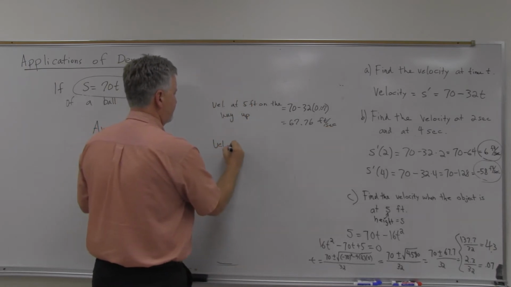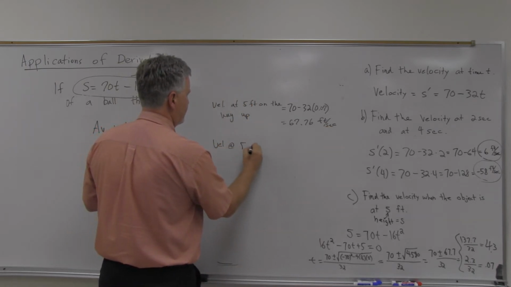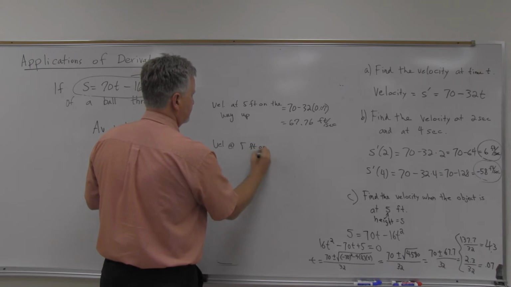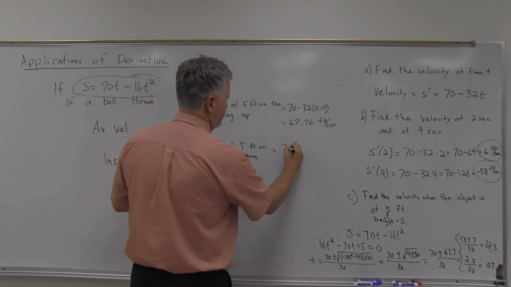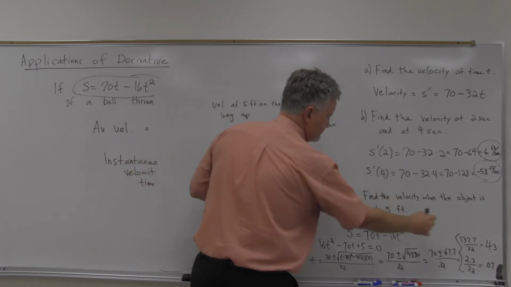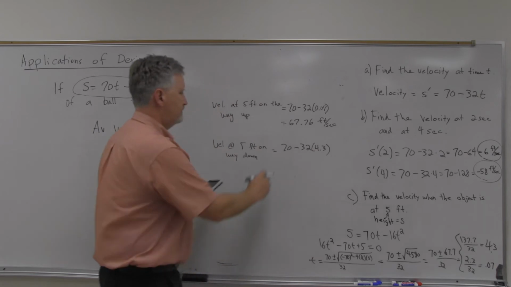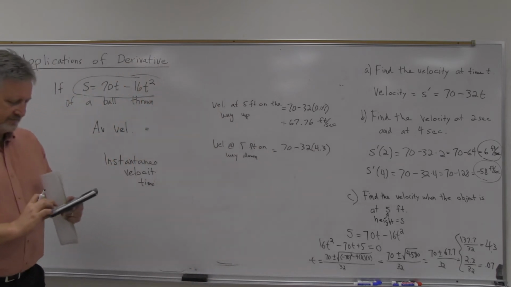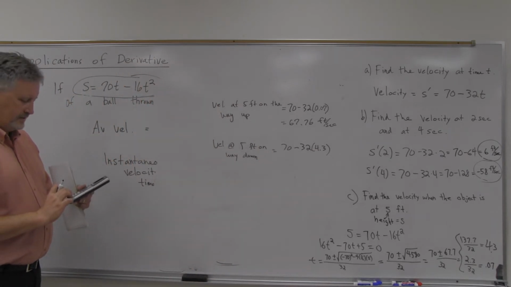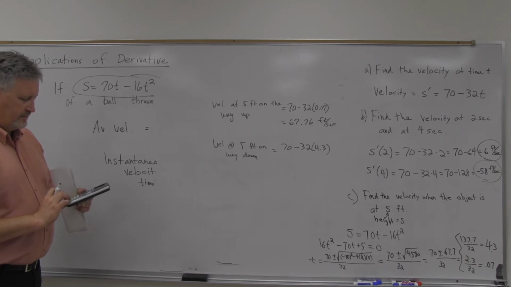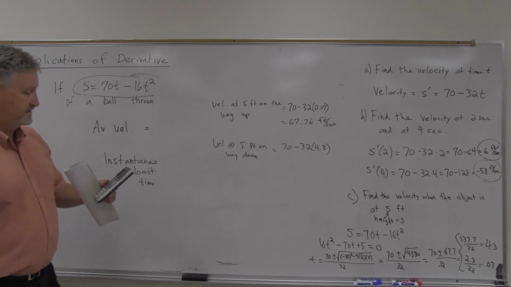And then the velocity at 5 feet on the way down, well, it'll be 70 minus the other 32 times the other time, whatever that is. Negative 67.7.